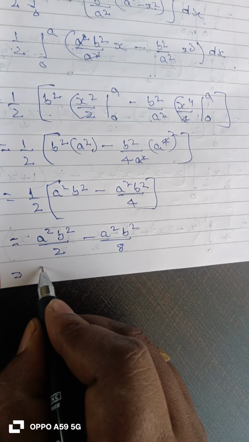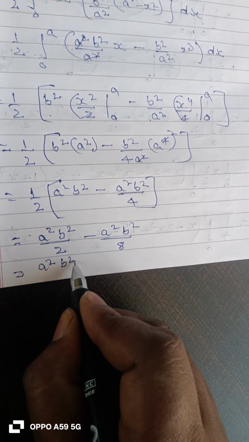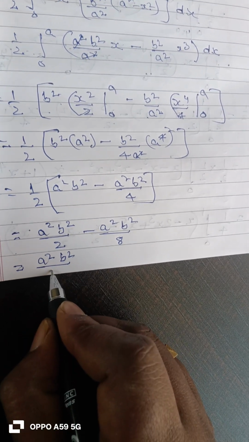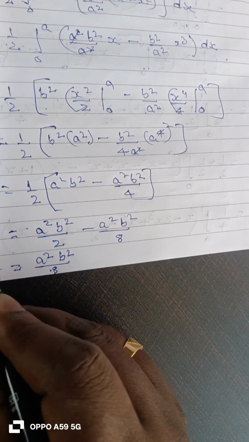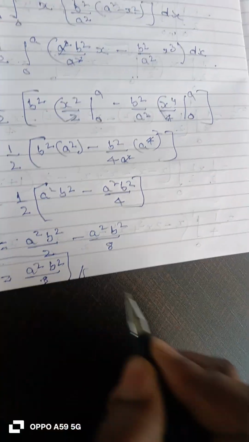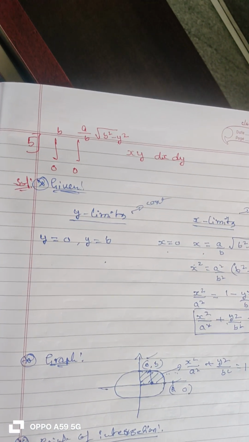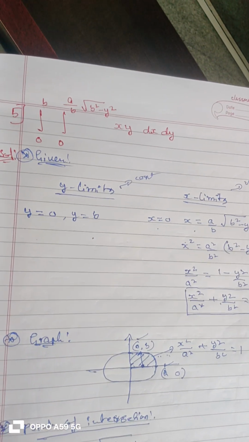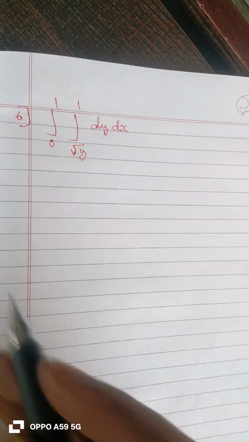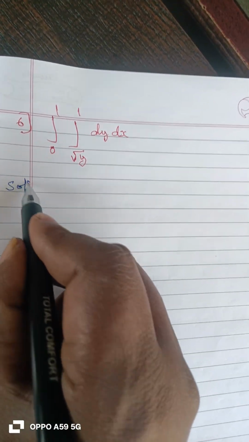We will get the answer a square b square divided by 8. So this is the required answer for the given double integration. Let us see the next problem.